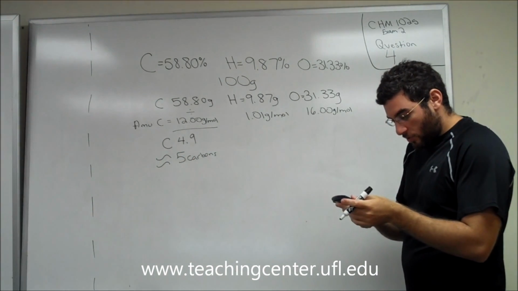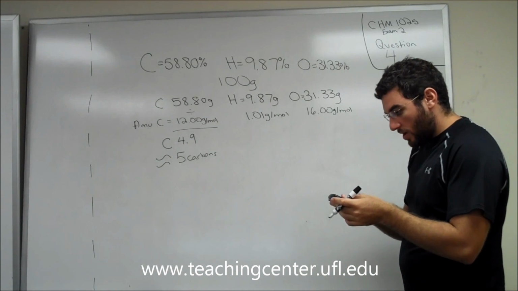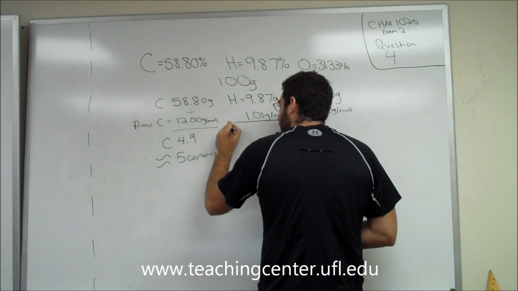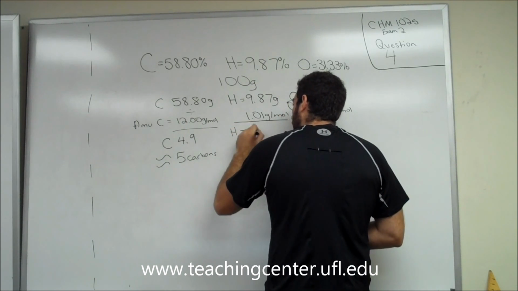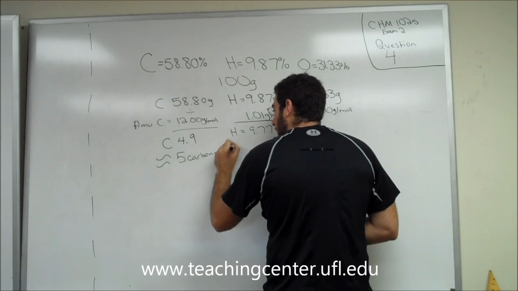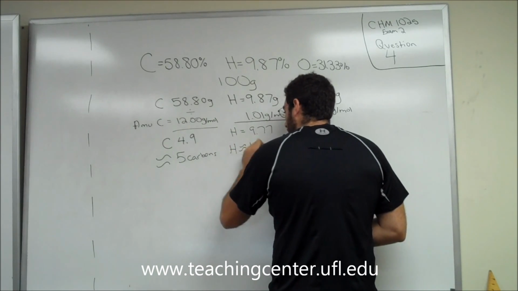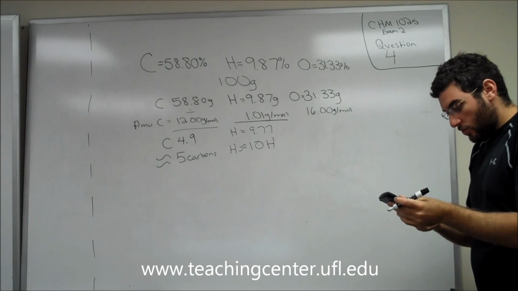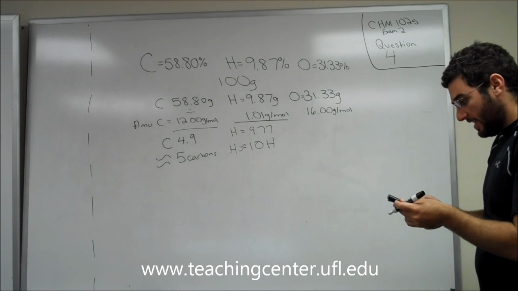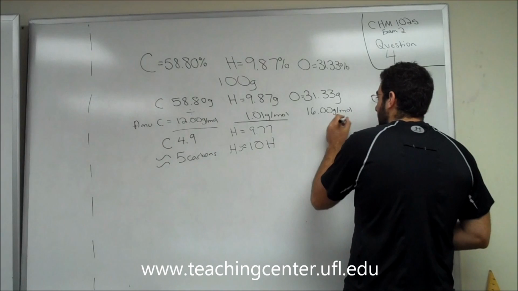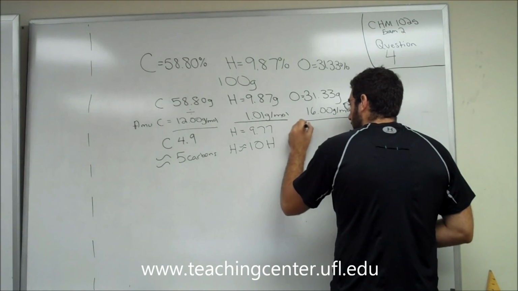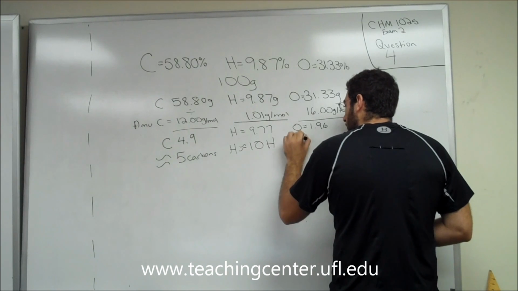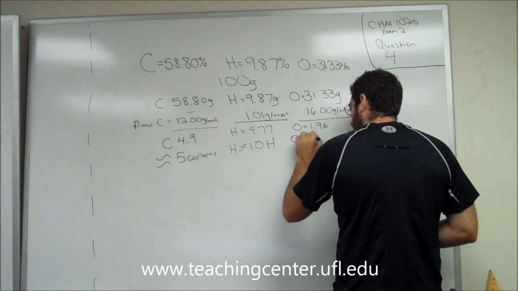Hydrogen, 9.87 divided by 1.01 gives 9.77, which is approximately 10 hydrogens. And finally, if we do 31.33 divided by 16, we get 1.96 for oxygen, which is approximately 2 oxygen atoms.